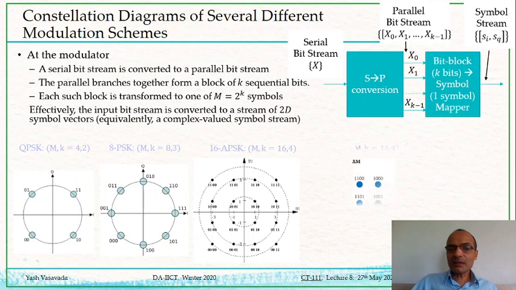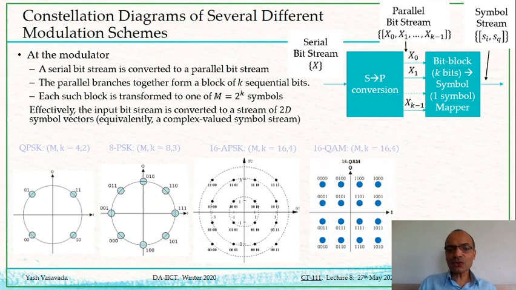Now 16-ary APSK is sort of like 16-ary quadrature amplitude modulation, where if you take these four innermost symbols, they are on one circle, then all of these symbols are on the other circle, and there is another circle corresponding to the outermost four symbols. So in general, APSK and quadrature amplitude modulation are two different modulation schemes, but here they amount to being the same.